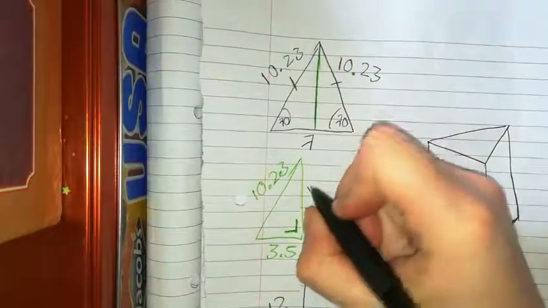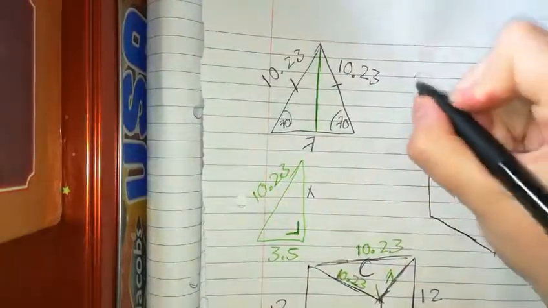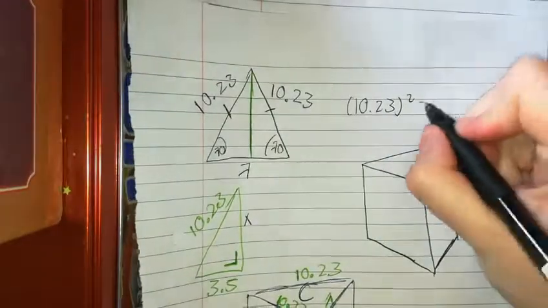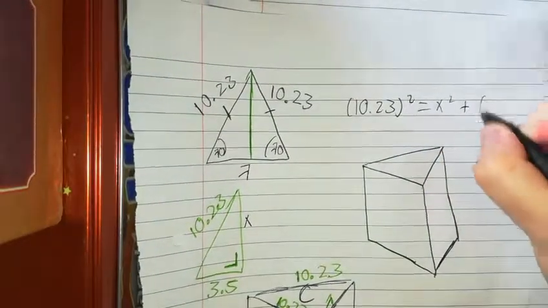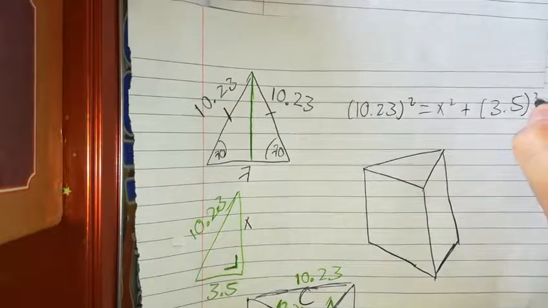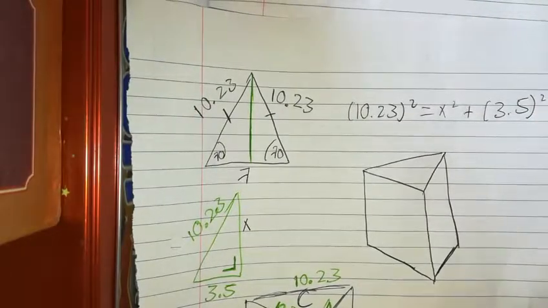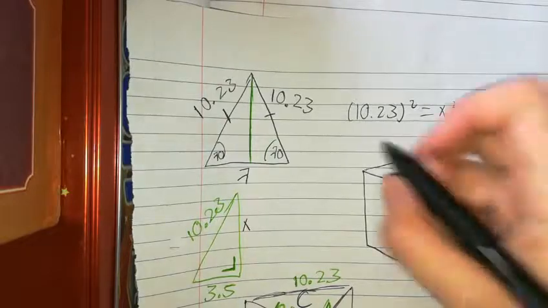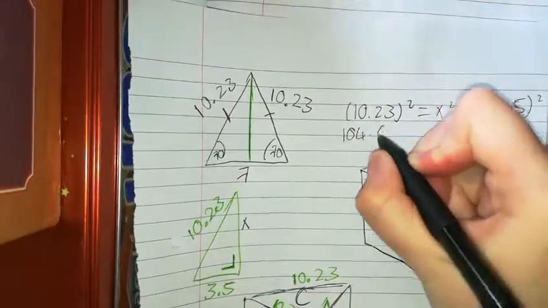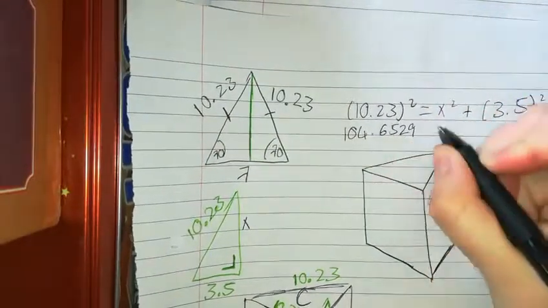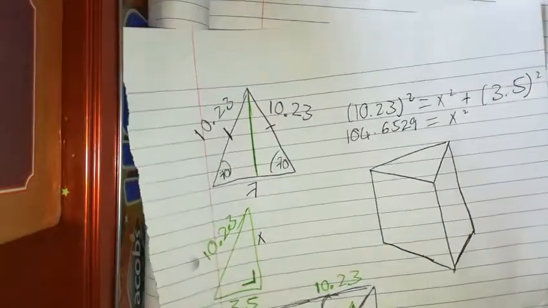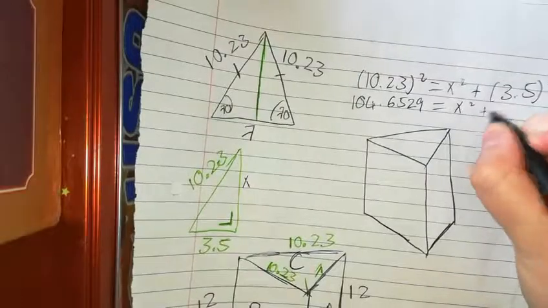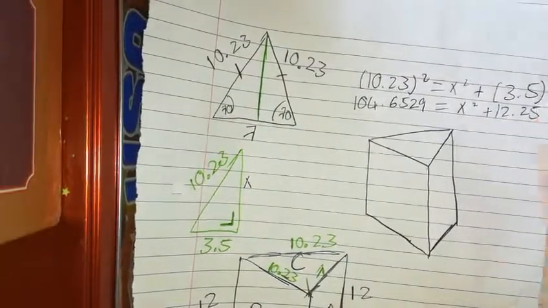We can use Pythagoras to get the length of this side. Let's call it x. The hypotenuse squared, so 10.23 squared, is equal to x squared plus 3.5 squared. 10.23 squared gives 104.6529, and 3.5 squared gives 12.25.